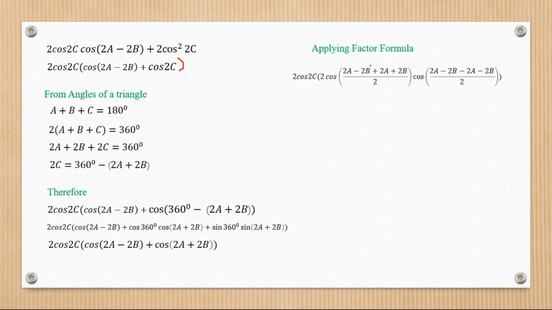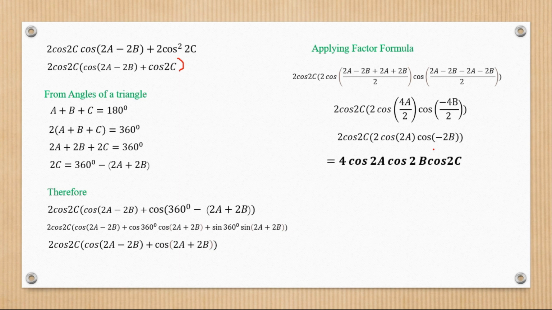It expands to this, and when we simplify that we end up with that. Now this 4 and 2 reduce, and then we end up with that. But this is again another example where there is a cos of a negative angle. The cos of a negative angle is always positive, so we're going to ignore this negative sign, and then we'll end up with that, and hence we've proved our equation.